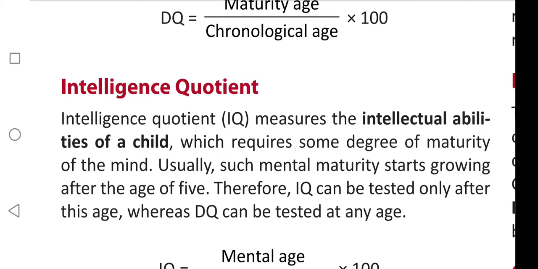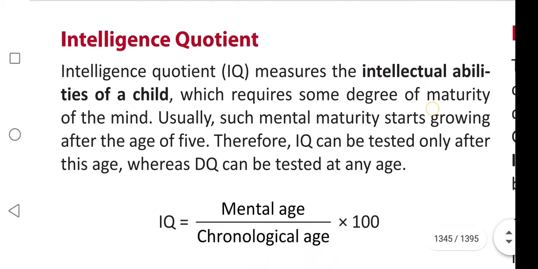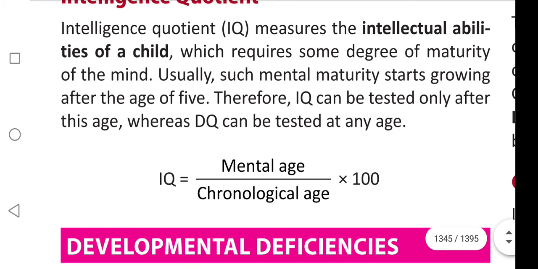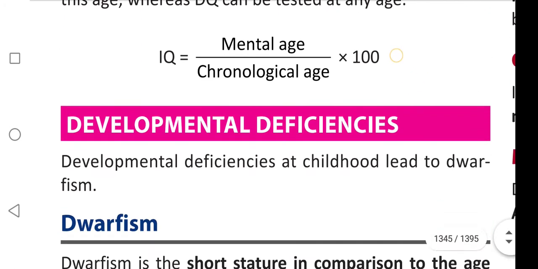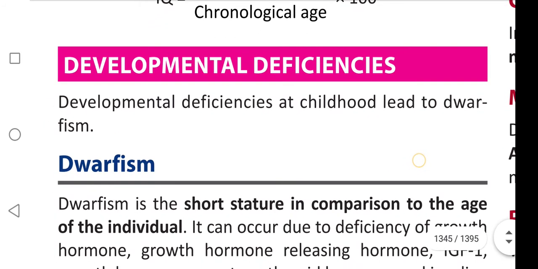Therefore, IQ can be tested only after this age, whereas developmental quotient can be tested at any age. The intelligence quotient is equal to mental age by chronological age into 100. What is the age that starts the mental maturity growth? After 5 years.